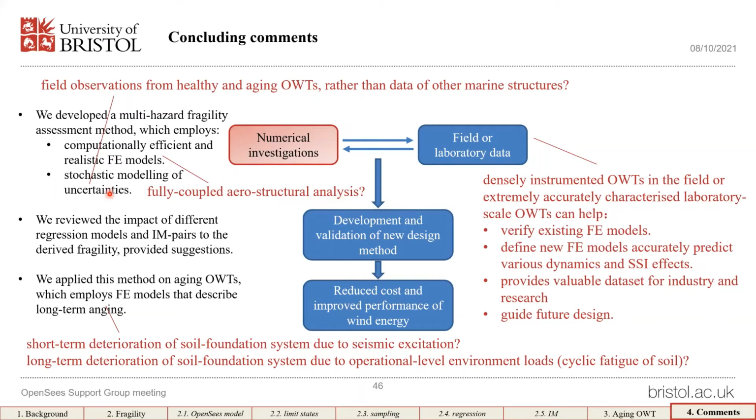And second, as we have treated some of our model parameters as random variables, can we improve the quality of this process by using field observations or experimental data that is dedicated for offshore wind turbines rather than for other types of marine structures or even for cargo ships?